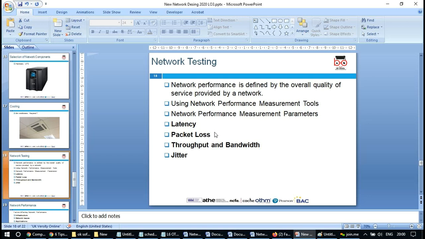Then you can know whether the network is performing well. For example, if you created the network cable, there are certain physical tools as well, like cable testers. If you created one cable, it will have a pair of connectors on either end.